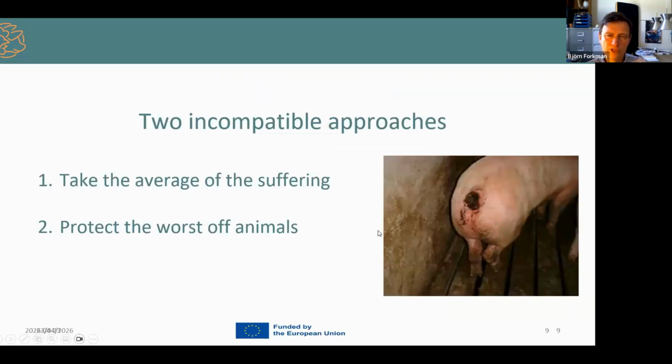So the 2 approaches are incompatible. You have to choose one or the other: take the average of the suffering or protect the worst of animals. Now, I'm saying take the average of the suffering, but that's not really true, because one possibility is taking the average. I'll get back to that. But there are other ways of aggregating as well.